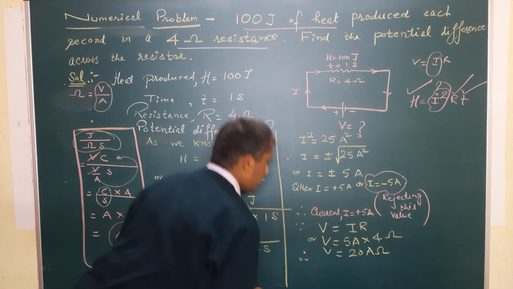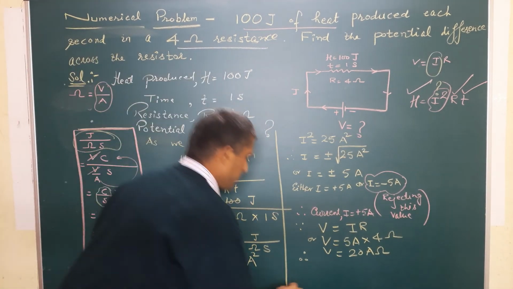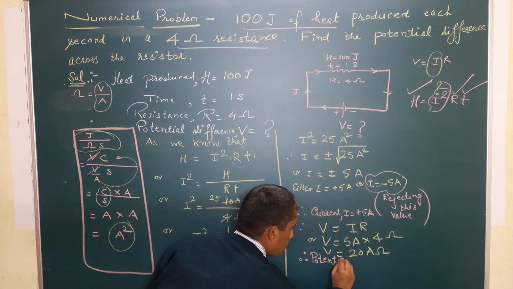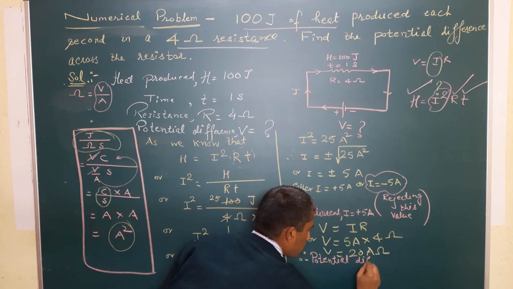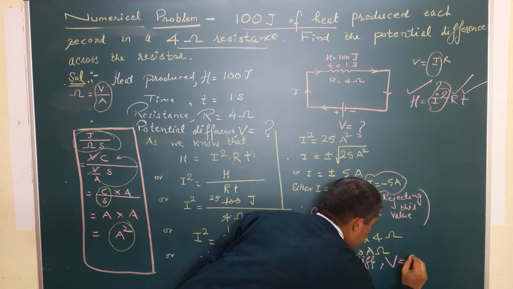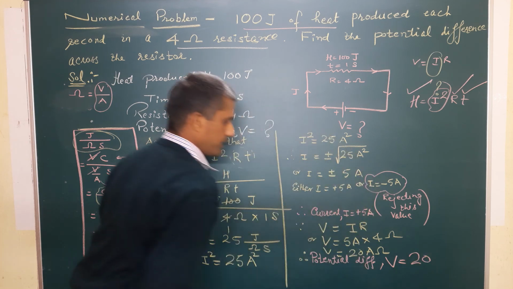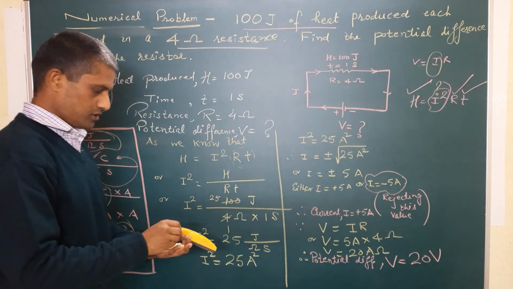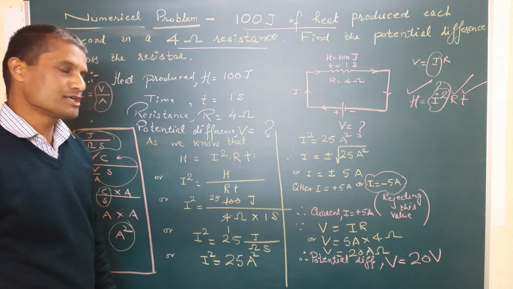Therefore, potential difference or voltage V is equal to 20, and ampere into ohm is equal to volt.